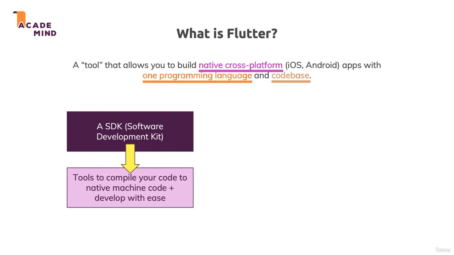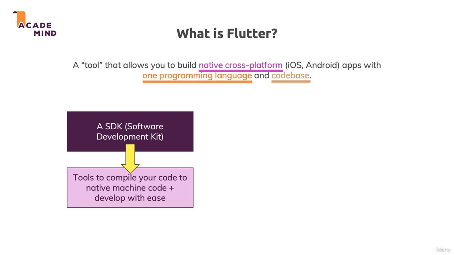Because if there would be one programming language that would work on both platforms, we wouldn't need Flutter, but there isn't. Therefore, the one programming language Flutter uses doesn't work on iOS and Android, so it needs to be compiled to native machine code for iOS and native machine code for Android, so that we have code that does run on these platforms. And that compilation task, along with a couple of other things, that's all part of Flutter.